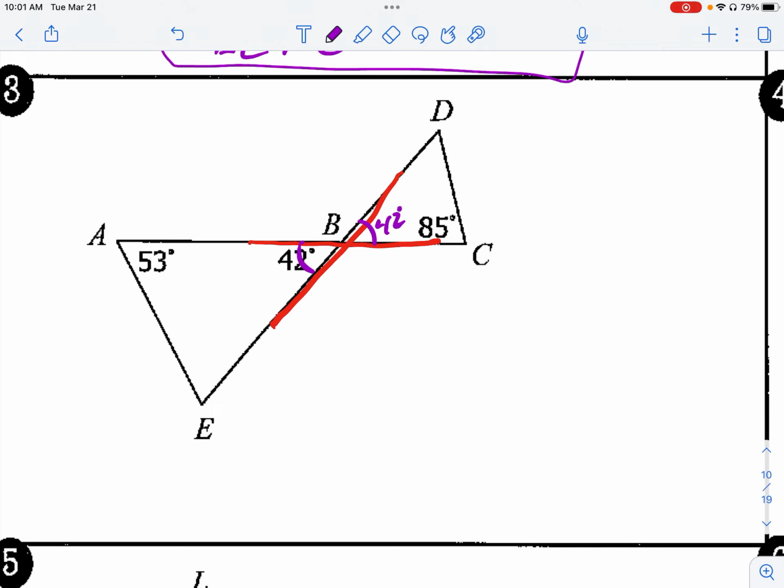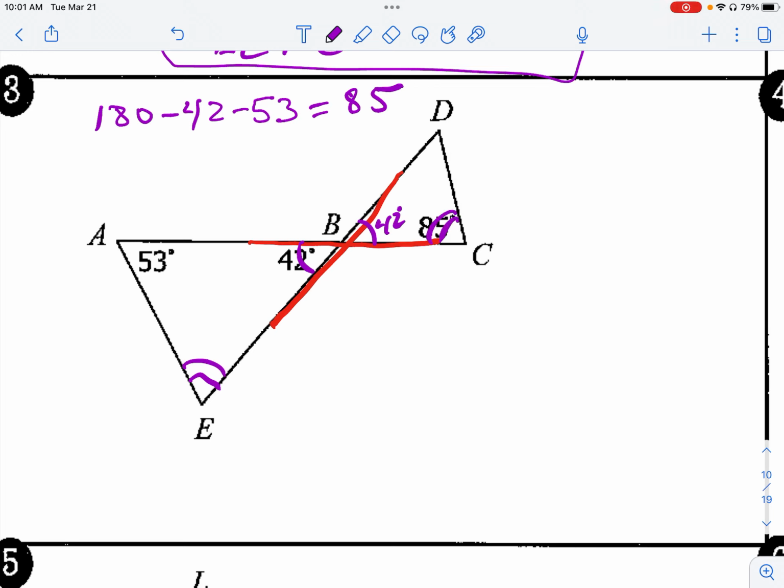So one angle down. Now to find the third angle, we got to take one of these triangles and find the third angle. And we know how to do that because every triangle has 180 degrees in it. And 180 minus 42 minus 53 equals 85. So this angle and this angle are congruent.